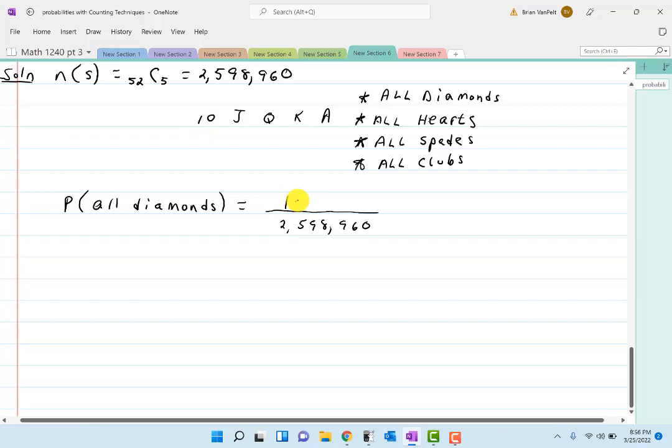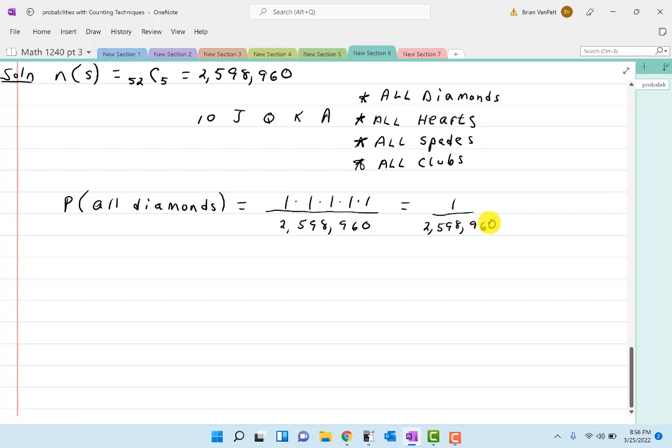Same with the jacks. I'm picking a very specific jack, and there's only one there. Same with the queens, kings, and aces. So for this probability, it's 1 over 2,598,960.